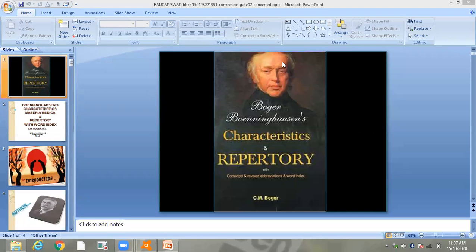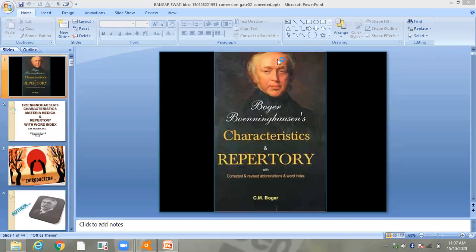Complete symptom: in this repertory, under each section, Dr. Boger tried to complete each symptom. Under each section, location is followed by sensation, then modalities and then concomitants, which we find in this repertory.